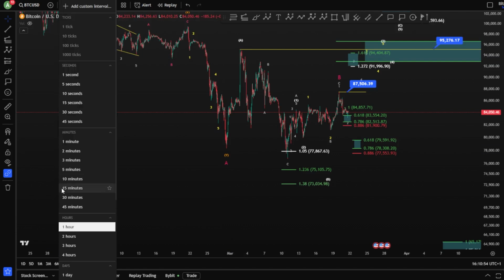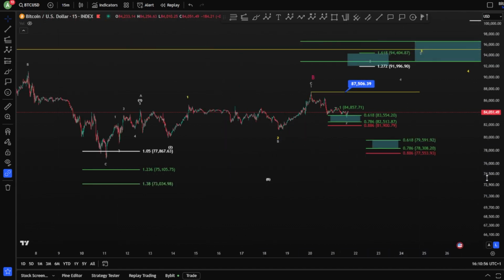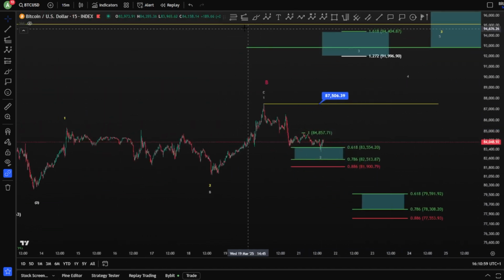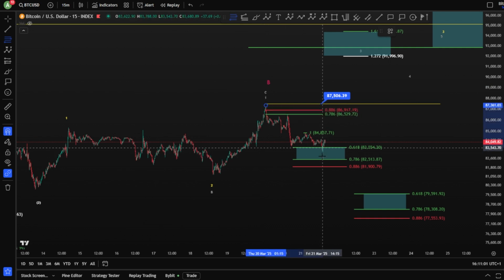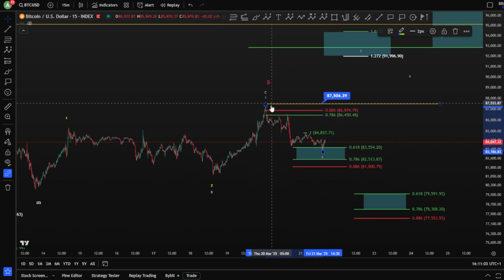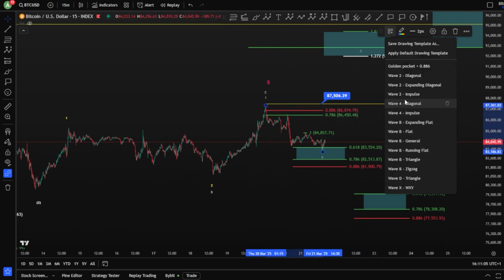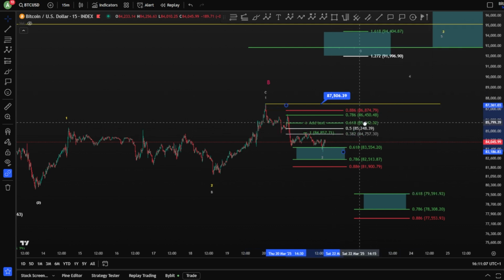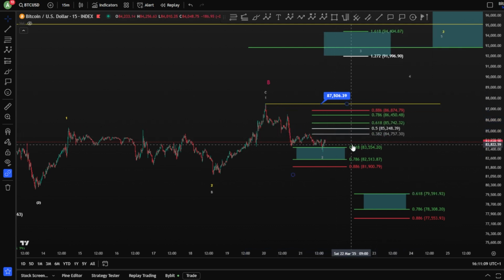So we're going to watch the following targets. You can watch these targets taken from this wave 1 here. If we have a wave 2 towards the downside or a wave B, they will have almost the same fib levels.